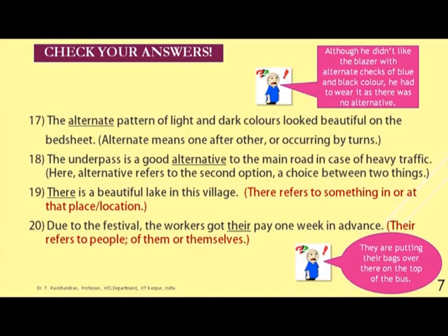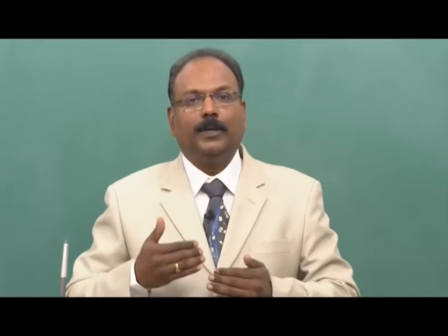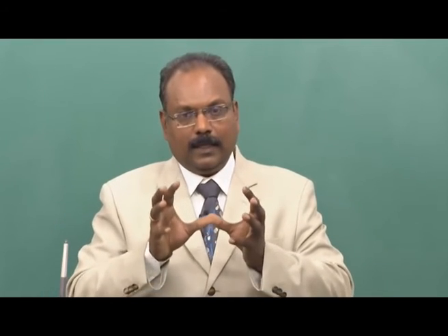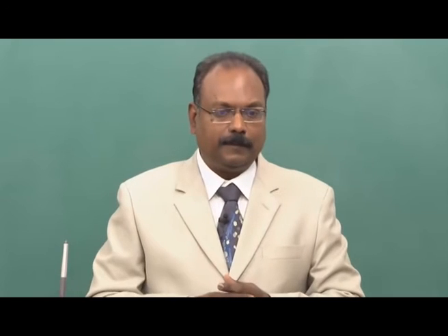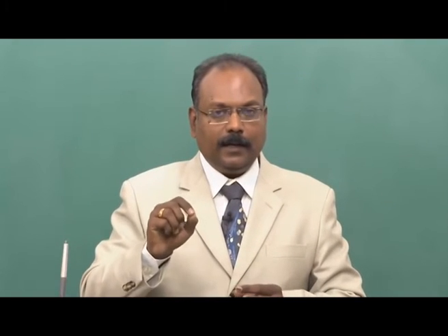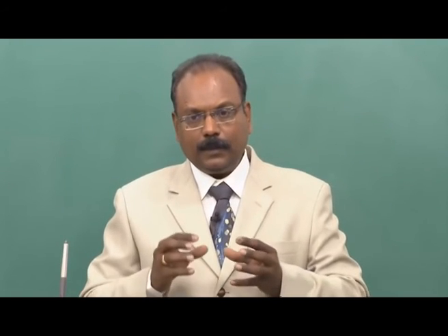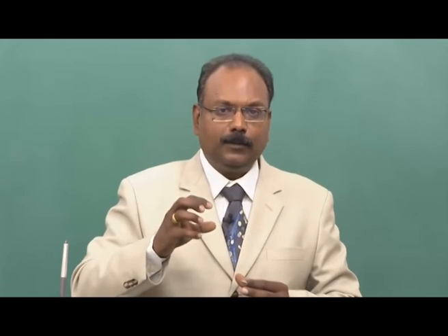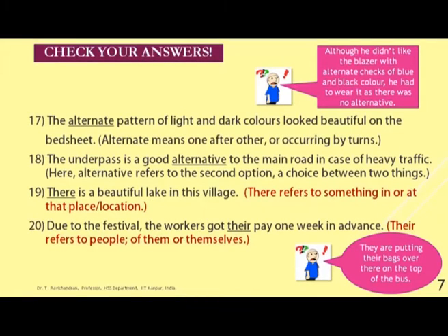It refers to something in or at that place, that location. So, there, you remember the place, but when it is THEIR, it is a pronoun and it refers to people. As in the second example given, due to the festival the workers got their pay 1 week in advance. So, their refers to people, of them or themselves.